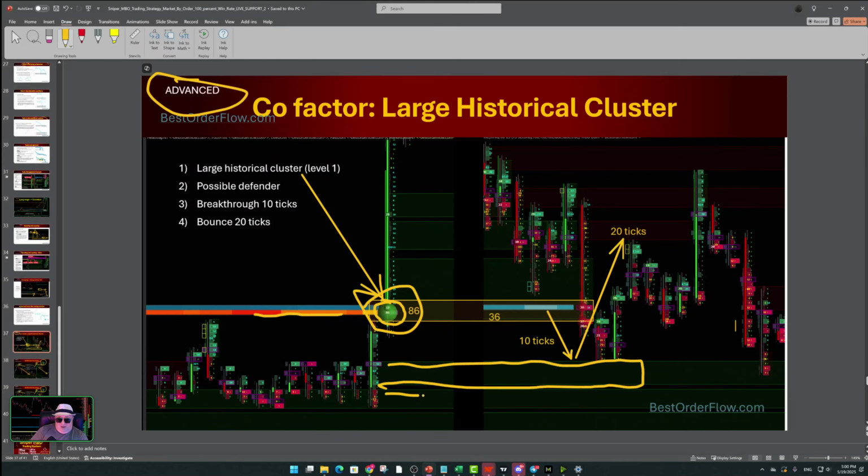The price went through this weak level, let's say, but previously it was strong, right? But it came over here and bounced from the imbalance zone. This is a stacked imbalance, and it got a reaction.